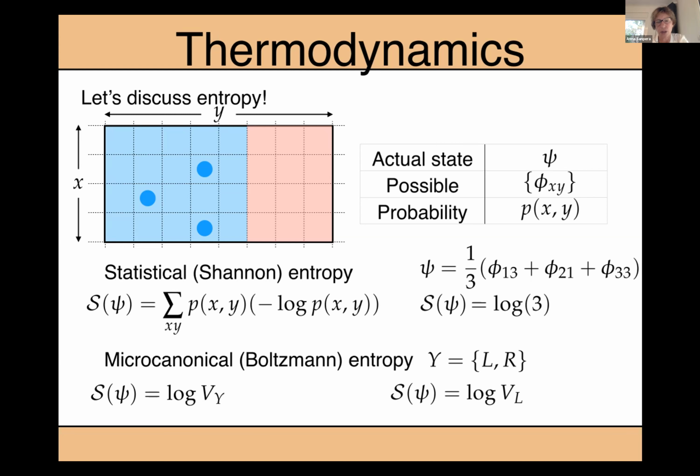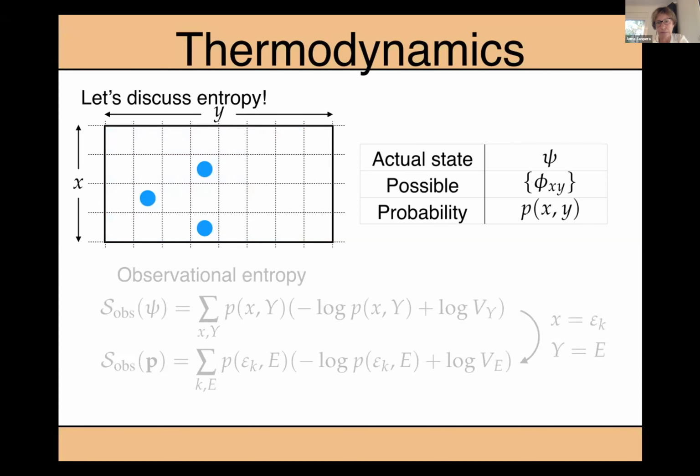Okay. So if we want to talk now about observational entropy, we don't have complete knowledge about the system. So let me say it again. We can have a coarse graining of my phase space into the left and the right area. Then we have to define what this observational entropy is, which is a very old notion, introduced by von Neumann almost 100 years ago.